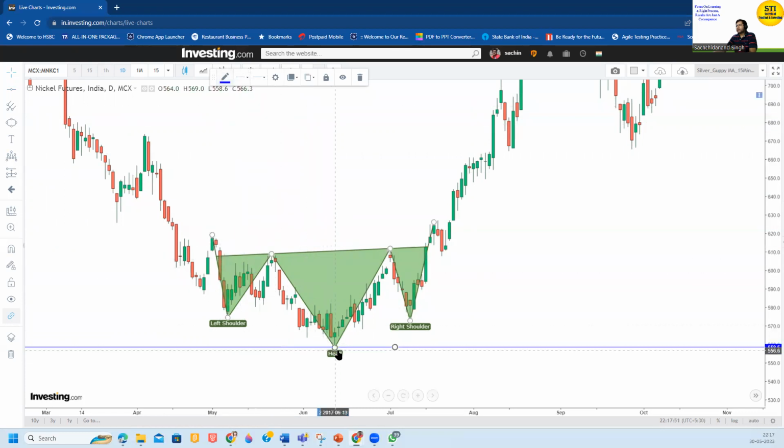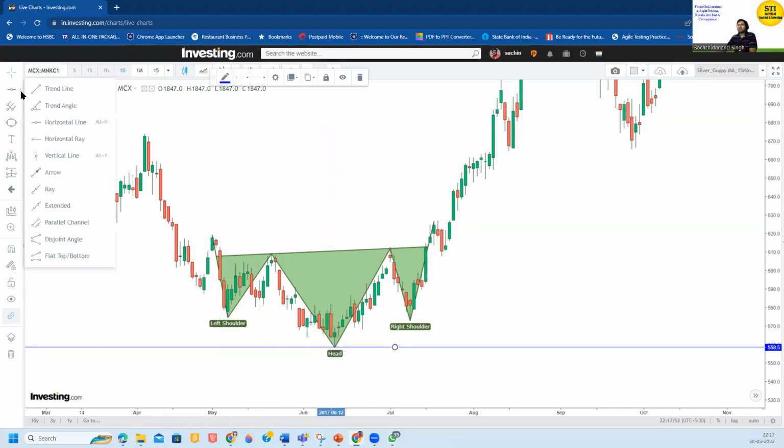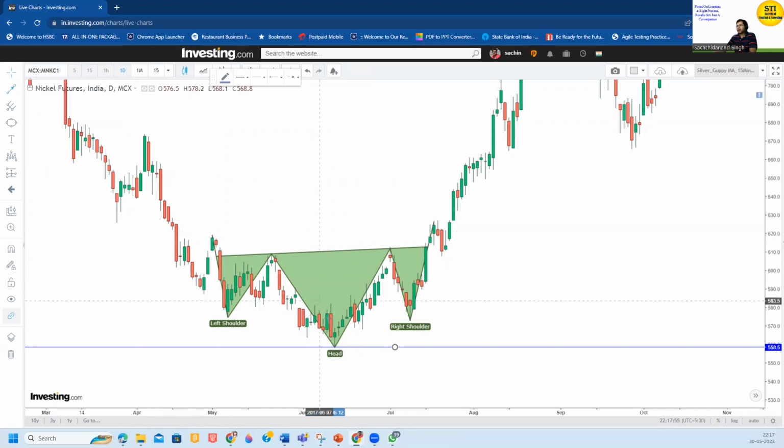If I connect the distance between the head and the neckline, that will be distance equal to D. And if I copy the same line, again from where the breakout is happening. So the breakout is happening here; this is the neckline.